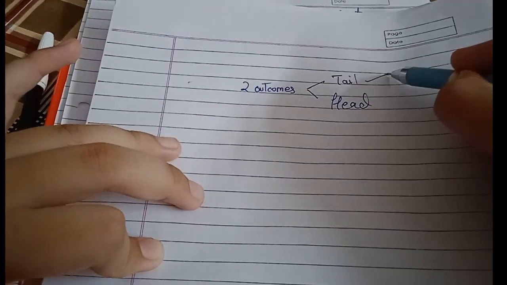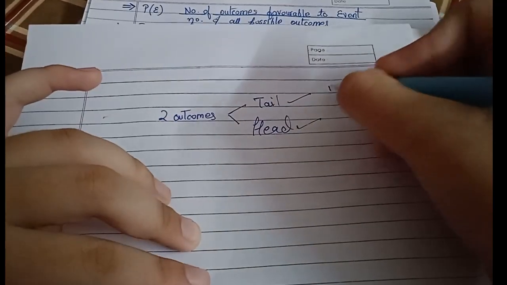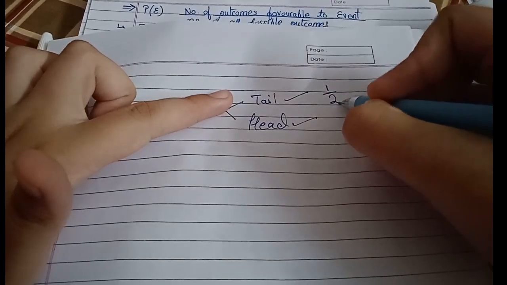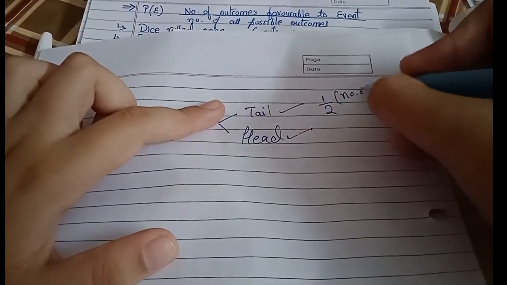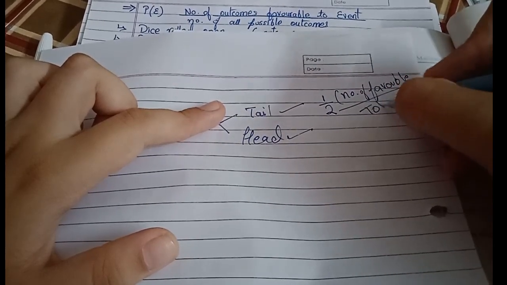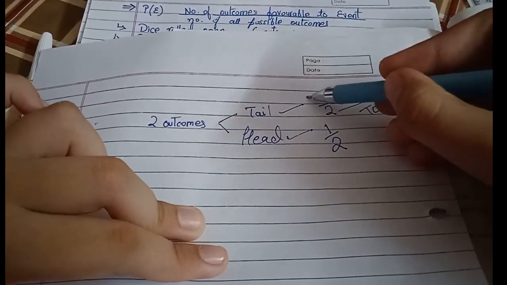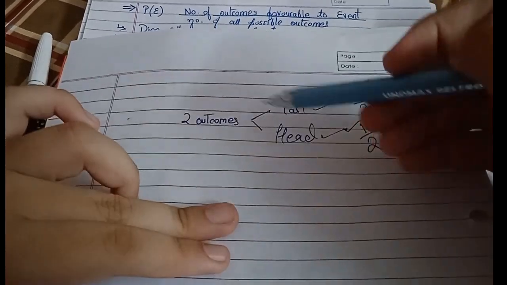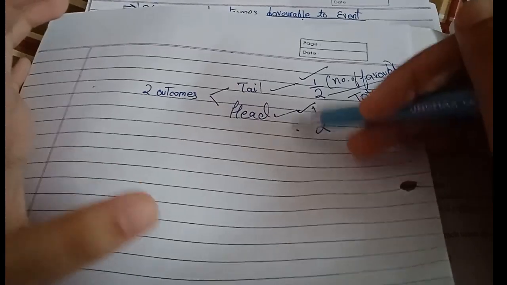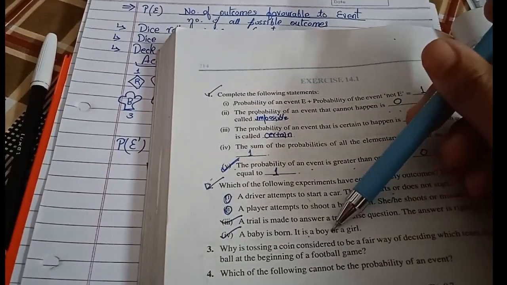If a team selects tail, or if a team selects head, the probability of having tail is 1 upon 2, that is number of favorable outcomes by total. Similarly, head is also having the same probability. So you can see that 1 upon 2 is the probability in both cases. Hence, it is really very fair. No one is advantaged or disadvantaged. Hence, it is used in tossing a coin.